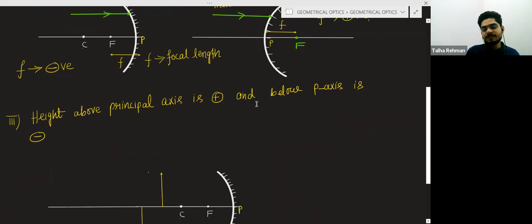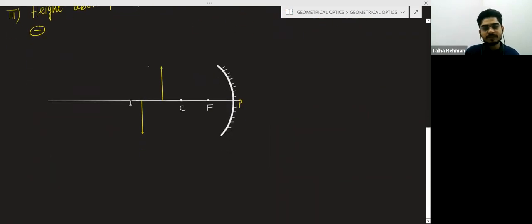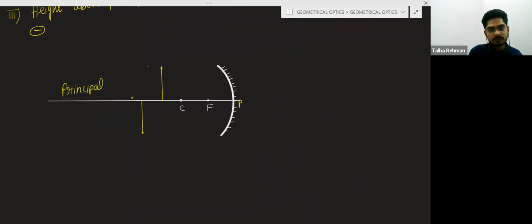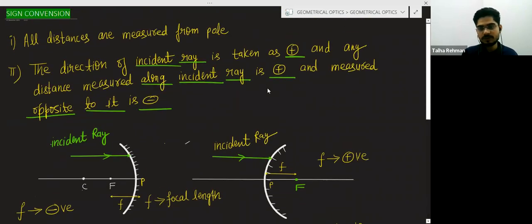Now, height above the principal axis is positive and below the principal axis is negative. So this is the principal axis; this distance will be positive and this distance will be negative. Remember all these points.